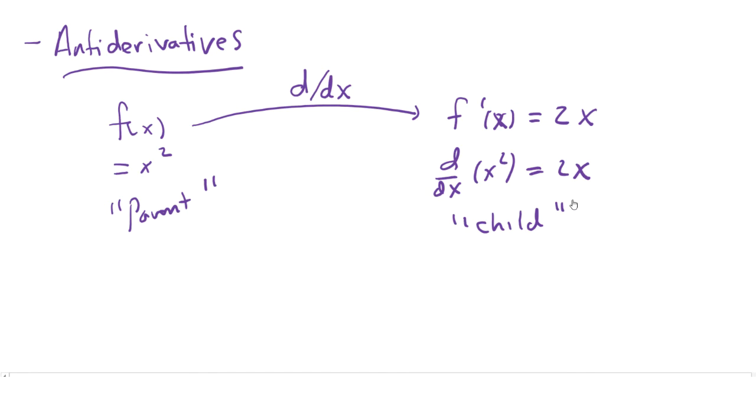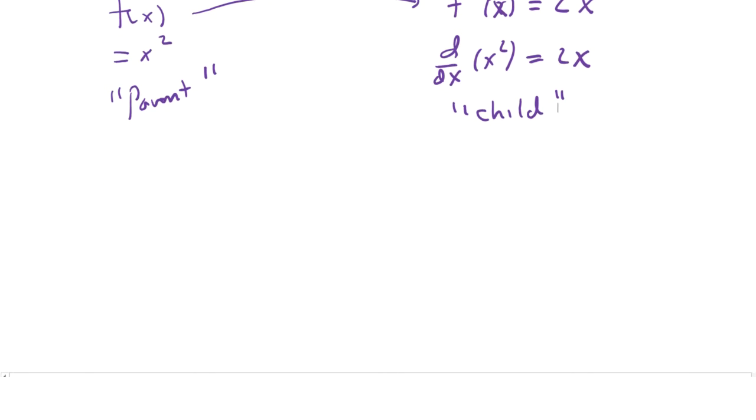But what if we want to reverse the process above? Given a child function, let's say f prime of x equals 2x, what is the parent function? We see that we immediately run into a problem. There are many functions whose derivative is 2x.